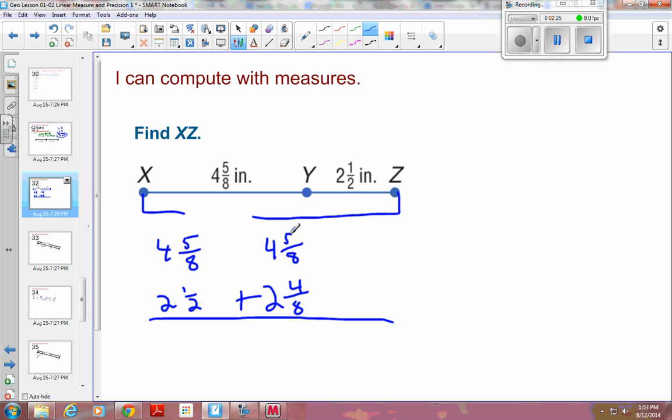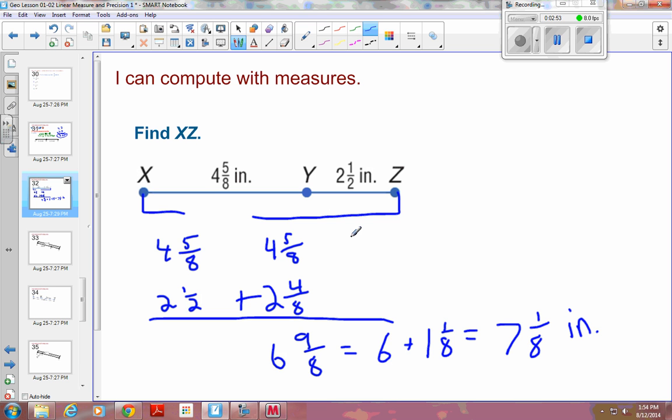So then we can add straight down, so 5 plus 4 is 9/8, and 4 plus 2 is 6, and that's not simplified. 9/8 is actually going to be 6 plus 1 1/8, right? 9/8 is 1 1/8. So final answer is 7 1/8. Units on this was inches, so I put inches on there.